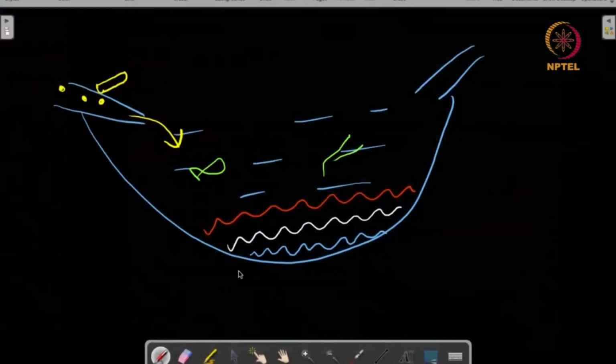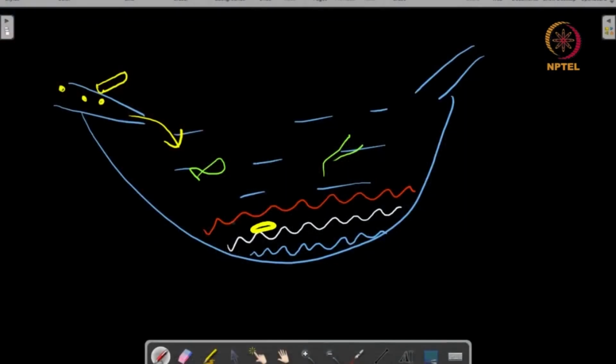Now that portion that gets left out, typically things like the skeleton of organisms, will come down and settle down, and as soon as it gets settled here, it will very soon be covered by another layer of sediments. Once it is covered with another layer of sediments, it is cut off from the other biological organisms.